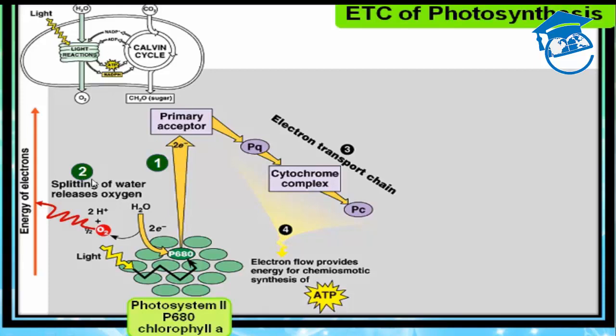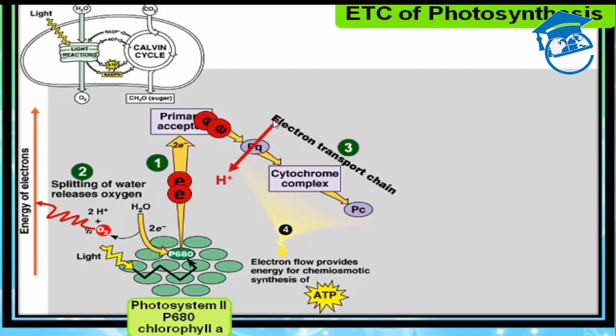Then the second step is splitting of water that releases oxygen, which I just showed you. Now 2 electrons are generated and go to the primary acceptor, and from the primary acceptor to the plastoquinone. Okay, and third to the electron transport chain, students.